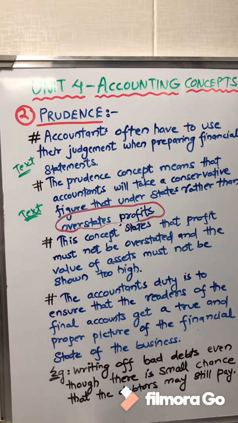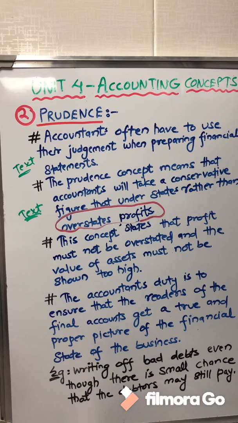I'll explain a few examples later, but I wrote a simple one here: writing off bad debts. We know the procedure: at the year end, to prepare the final accounts, whatever the bad debts are, we write them off if we know that no debtor is going to pay.